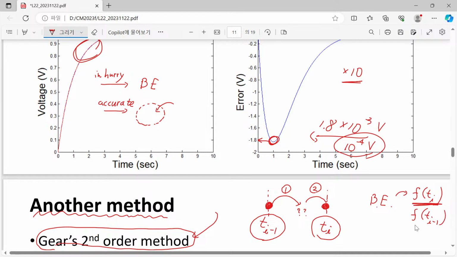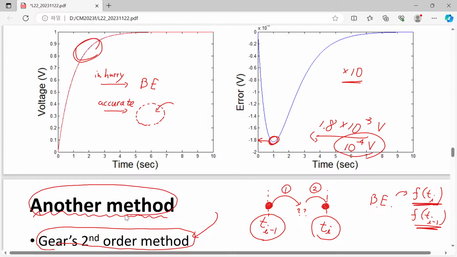Only two quantities were required. However, from now on, we want to consider an even better model. Then how can you make an even better model for the time derivative?